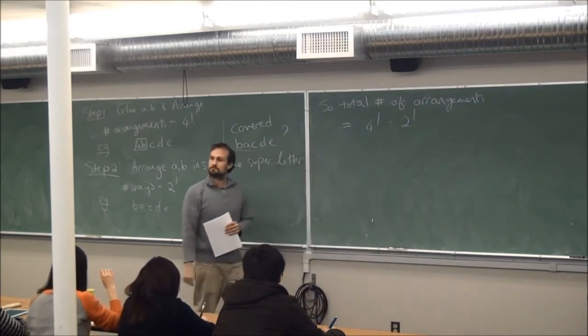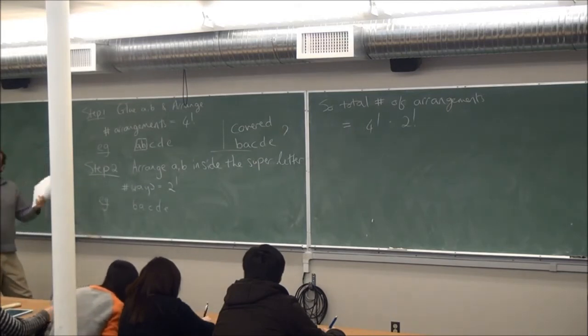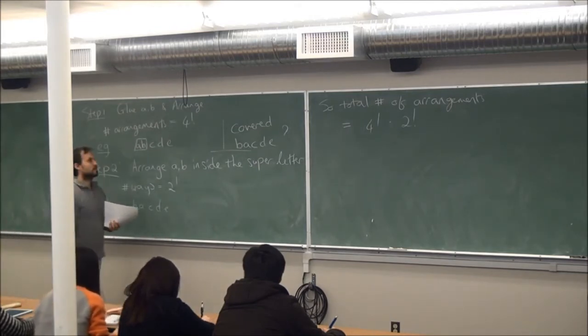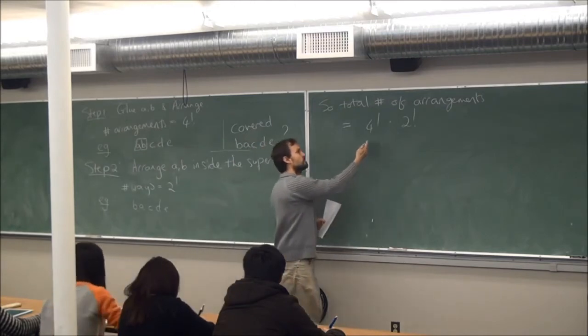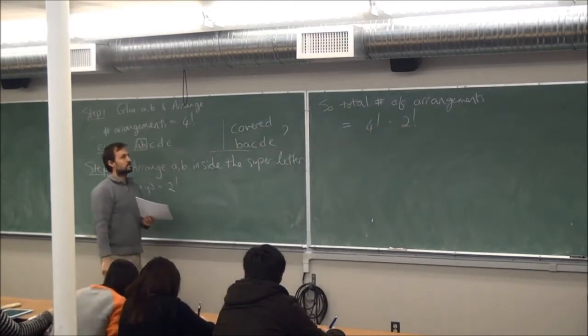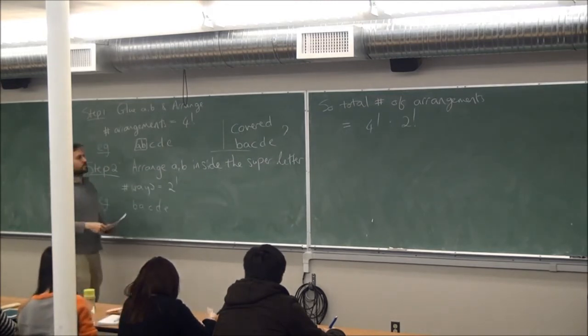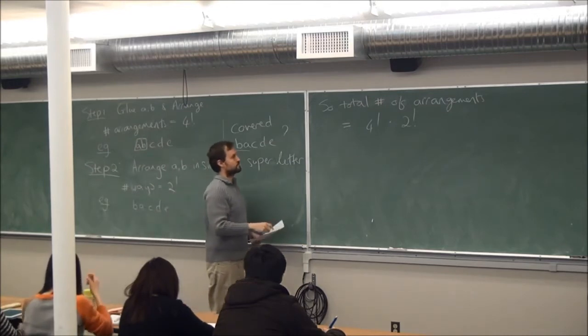So there's my answer. If you want to see a final number, put it in the calculator, but it doesn't mean anything to me. This means something because I show how I'm constructing my answer, how I systematically thought my way through the problem.